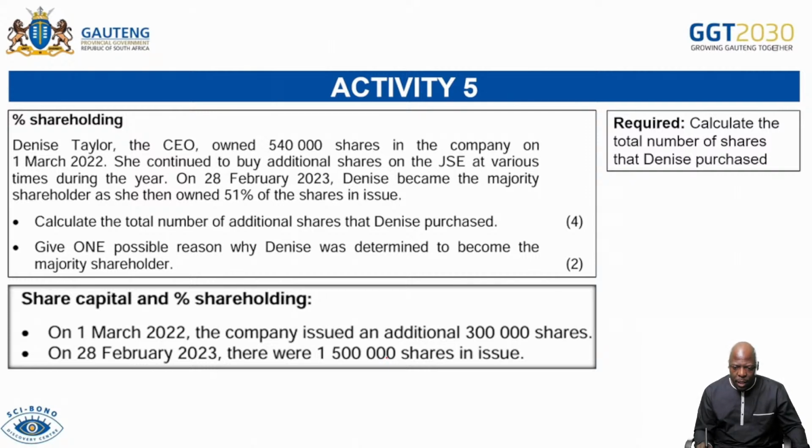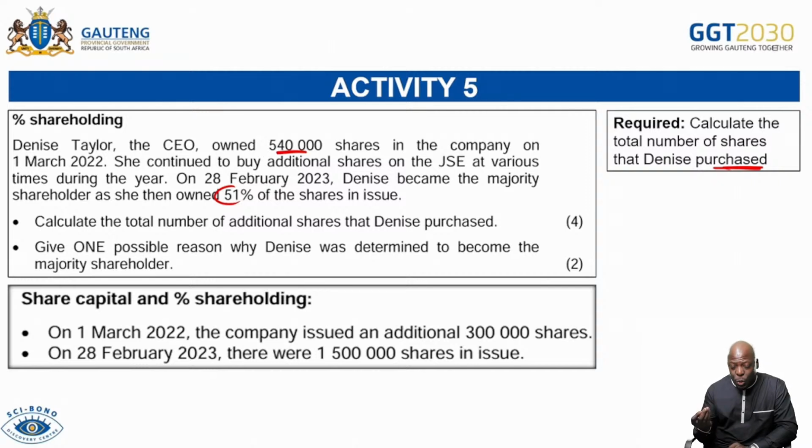Okay, so at the beginning, we want to know she owned 51%, but we are being told at this point, if we are to calculate the number of shares that Denise purchased when she was holding 540,000 shares, how many shares were there in issue at that time? Okay. And then the next question then is, now that she's holding 51%, how much is those shares? And then we can just do the simple calculation, and then that will make it very easy.